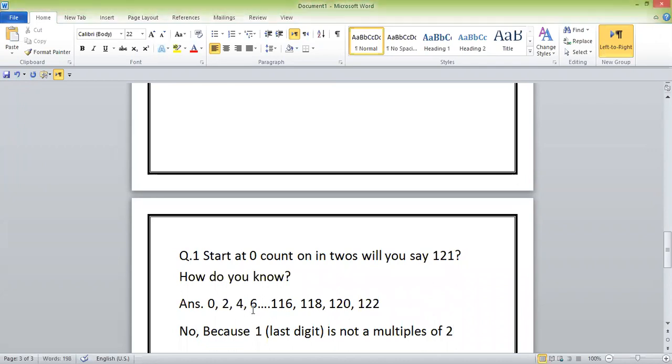I will write the series first, 0, 2, 4, 6. Then I started from the last, 116 up to 122, and I say because the last digit 1 is not a multiple of 2.